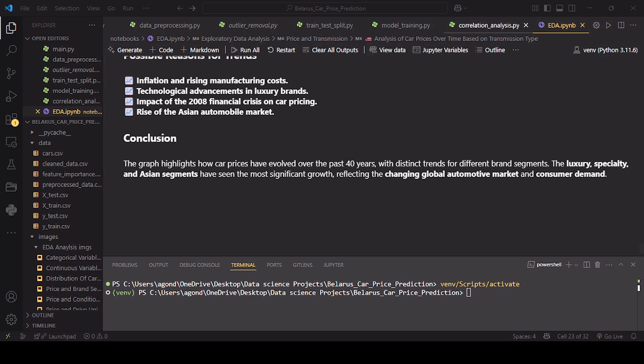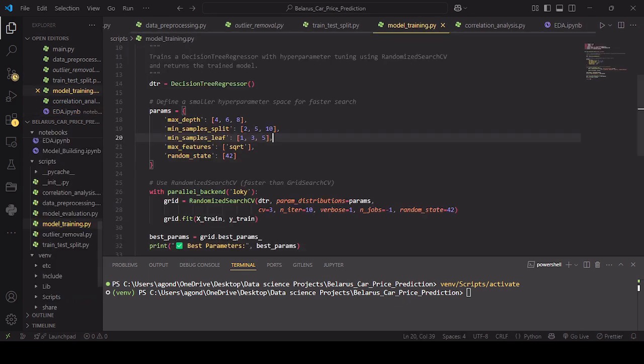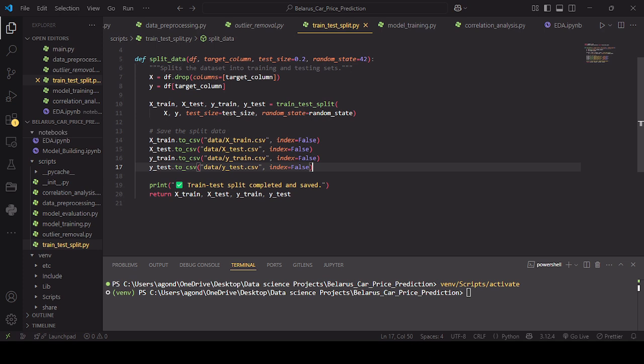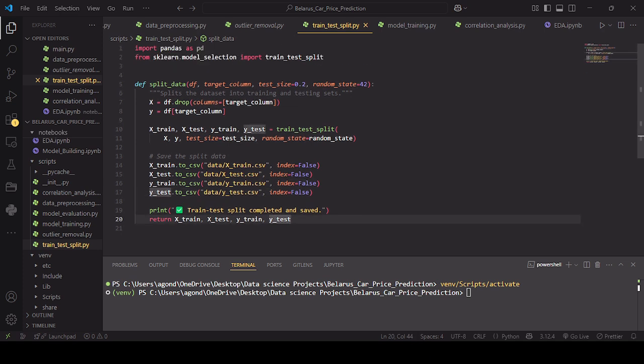Okay, so let's go to our model test and the models part as fast as we can, and then we will execute it for the last time.